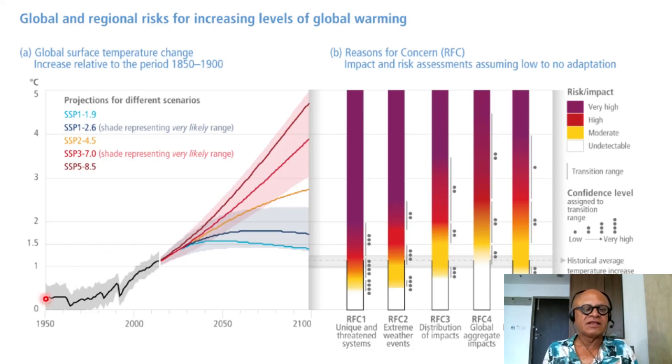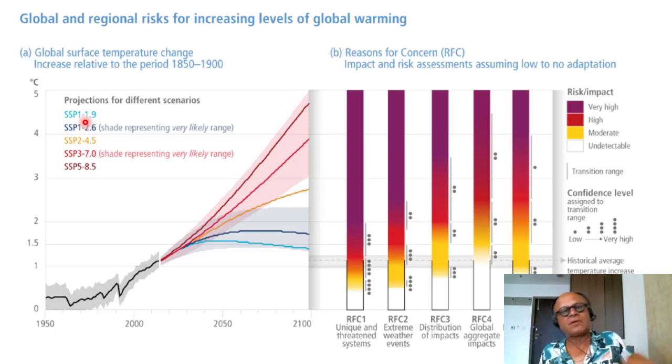You can see the historic warming here with the gray band showing the range of model simulations used for the IPCC assessment, and then they go into the future with the various shared socioeconomic pathways that we talked about in terms of that phase diagram.